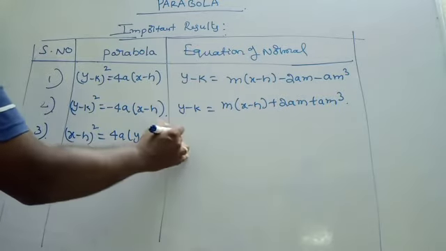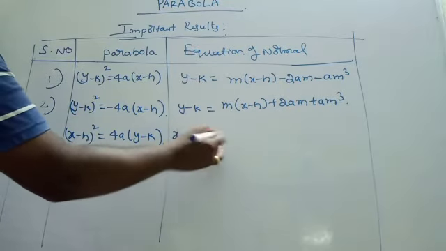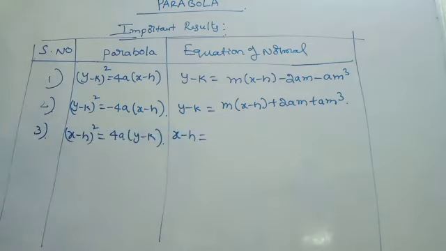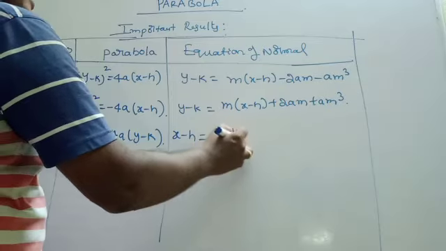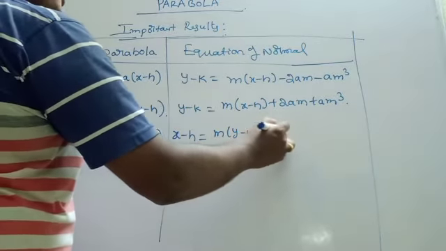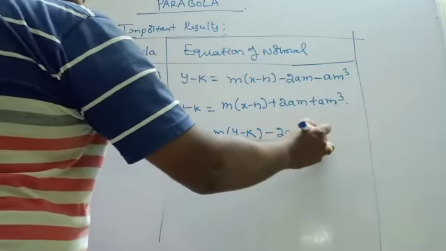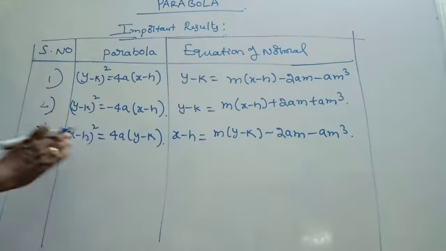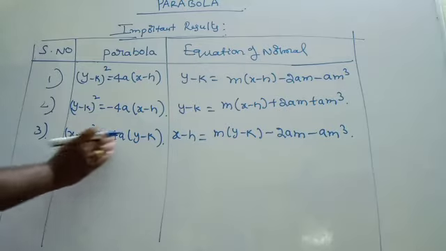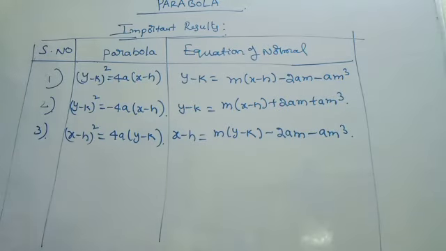The equation of the normal is x minus h = m times (y minus k) minus 2am minus am cube. This is the equation of the normal for the upward parabola when the origin is shifted to the point (h, k).